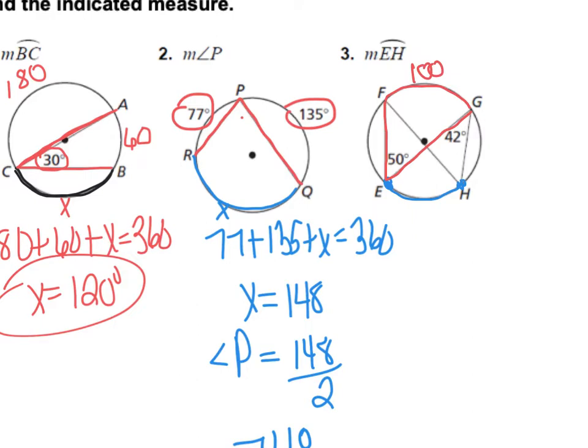I also know that this angle right here is 42 degrees, which means this arc is 84. Honestly, I included the 100 degree information, but we didn't need it, because EH is going to be 84 degrees.